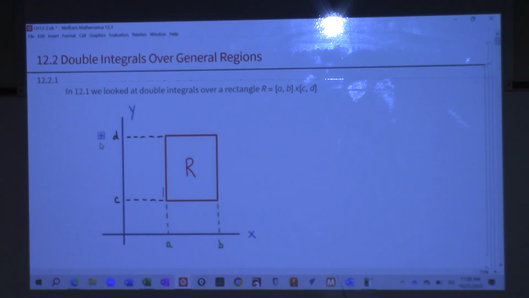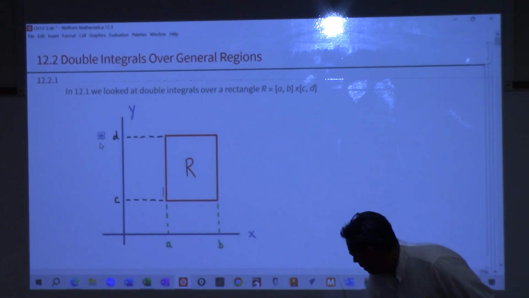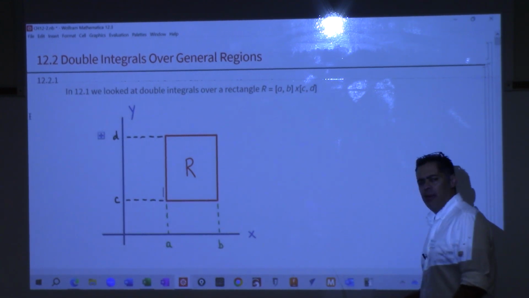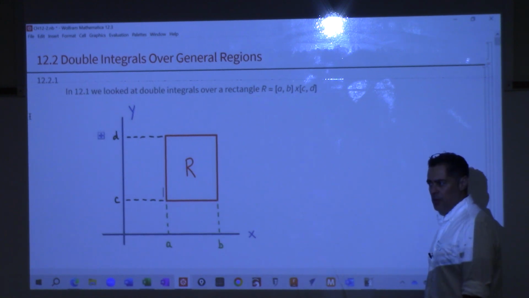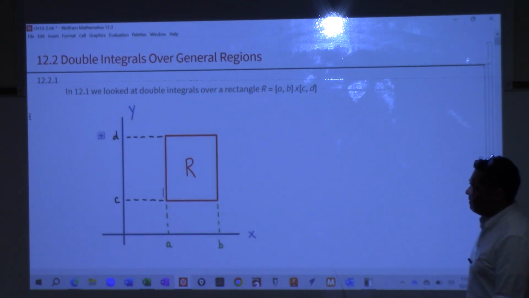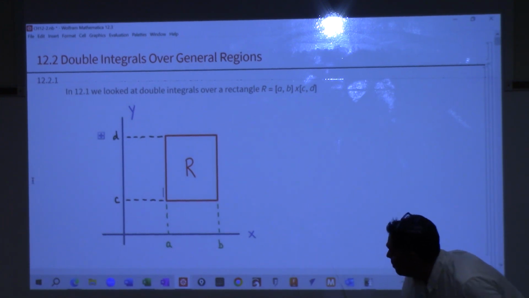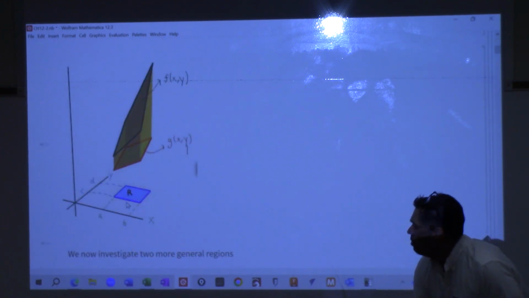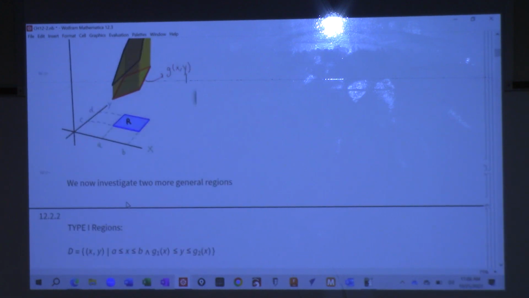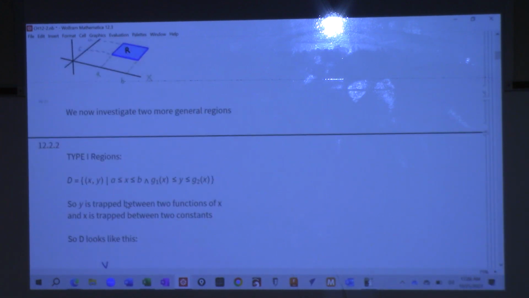So remember, in 12.1, what we had on the ground was a rectangle, and then we had a surface above it. Should I draw it again, or do you understand what we did in 12.1? You sure? Okay. So we have this. That's what we've done, right? Now, what we'd like to do is investigate more general regions.